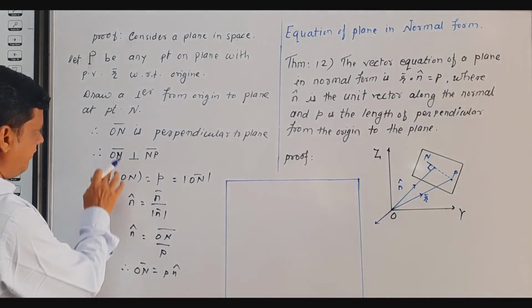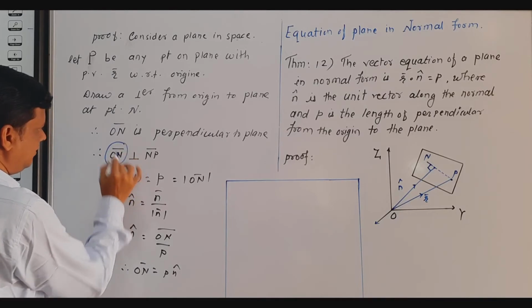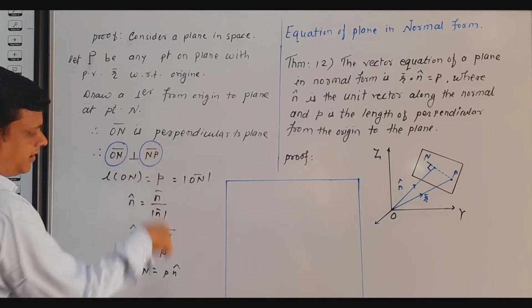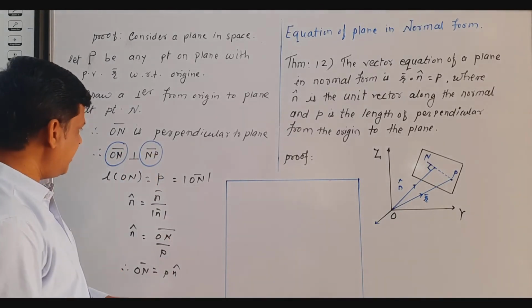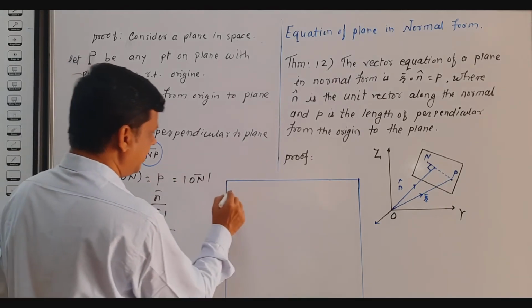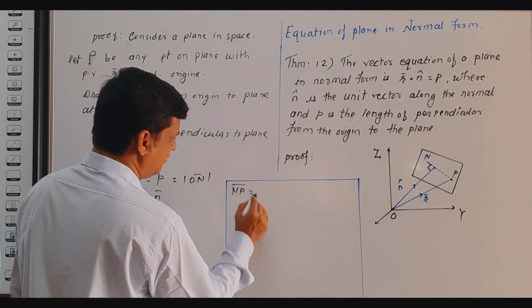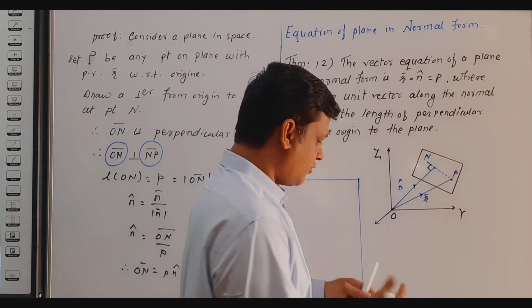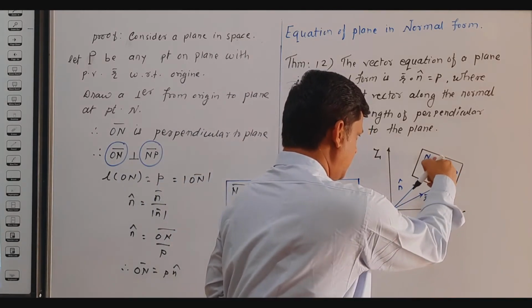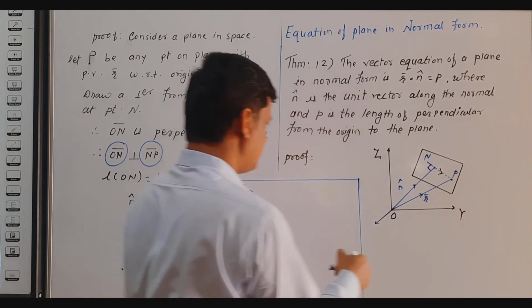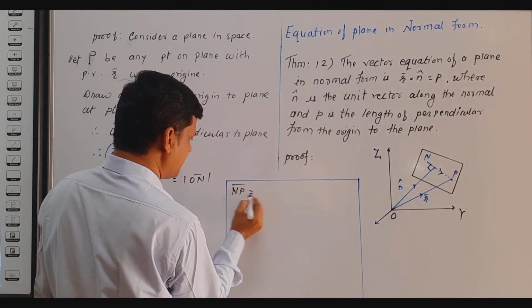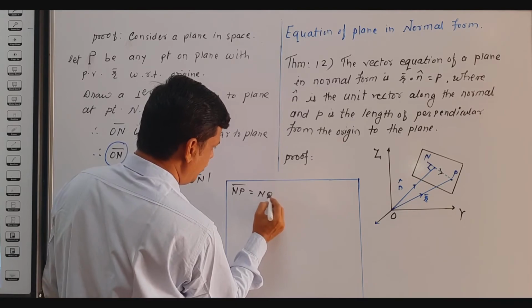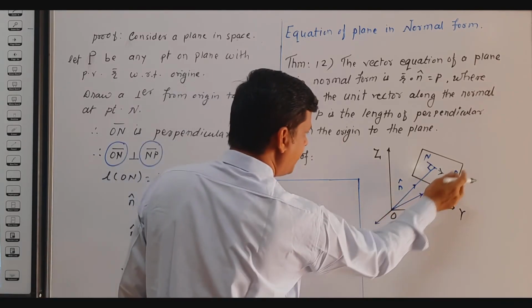Here we have calculated the value of vector ON. Now we find the value of vector NP. See the diagram: vector NP is equal to N to O, O to P. So we write vector NP as vector NO plus vector OP.